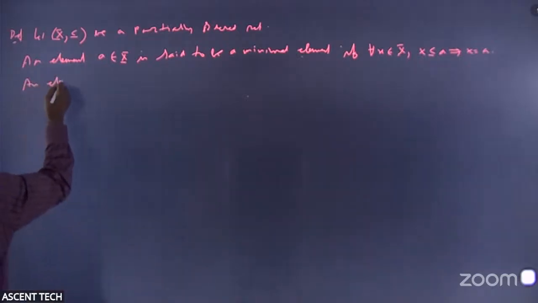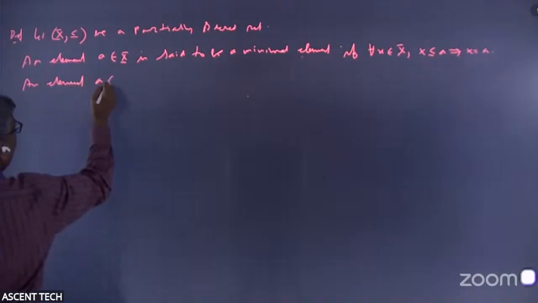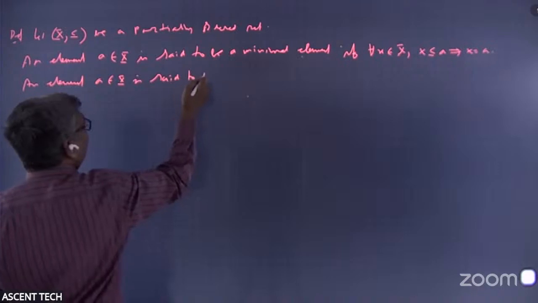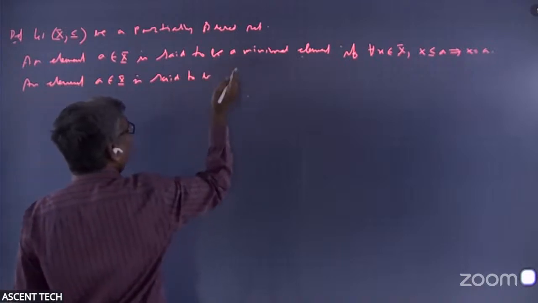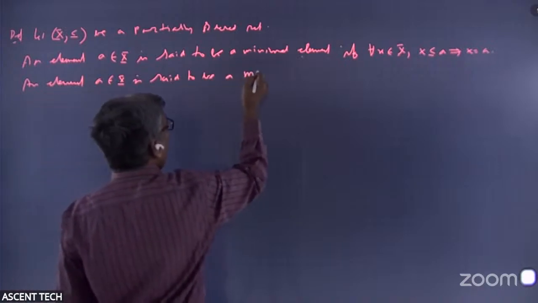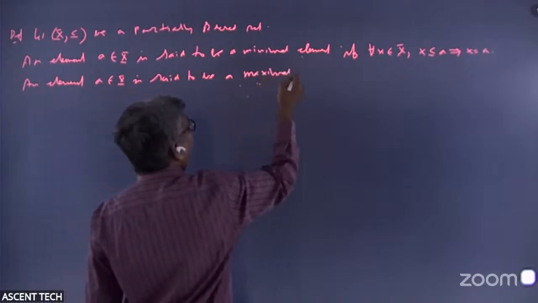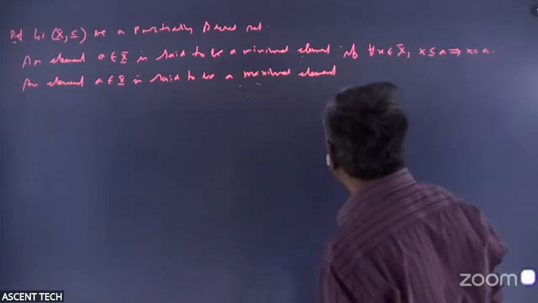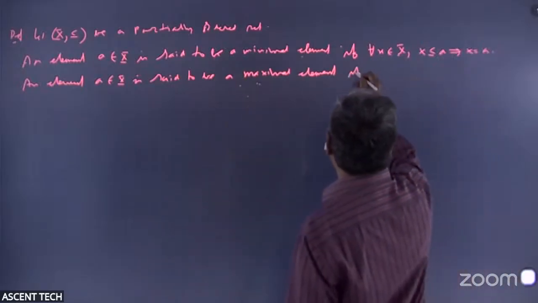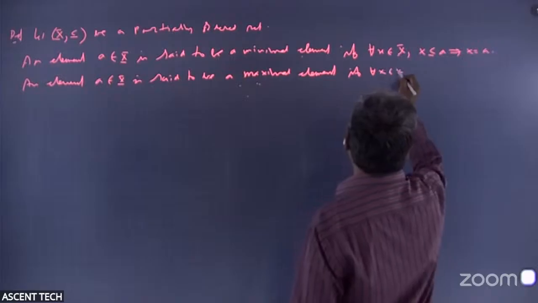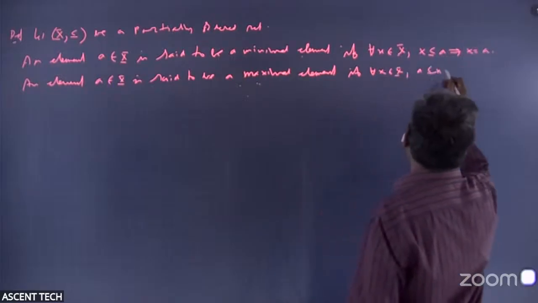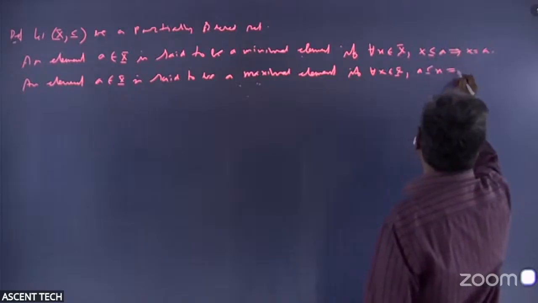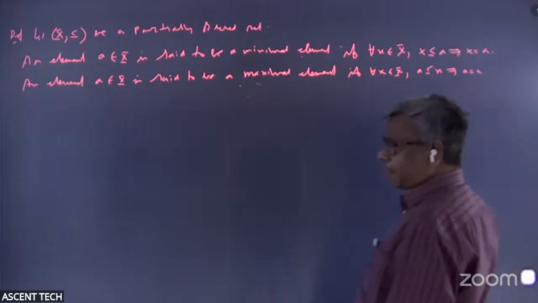An element A in X is said to be a maximal element of X if for any x in X, A less than or equal to x implies A equal to x. Nothing should be more than A.